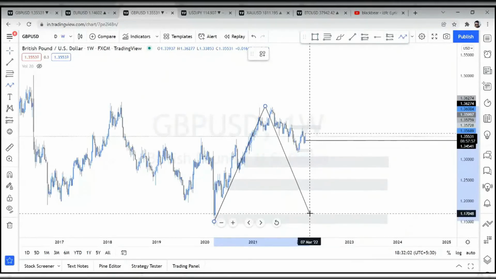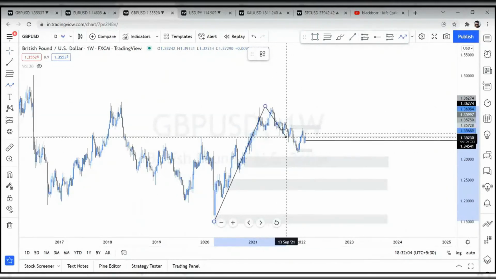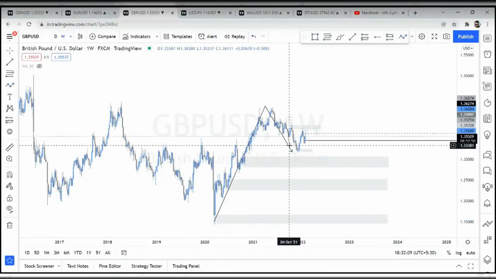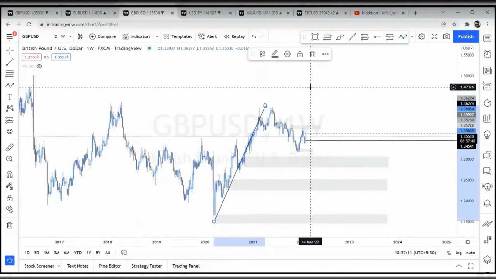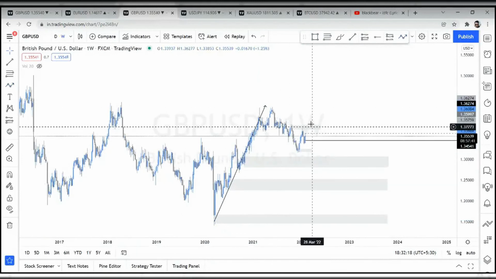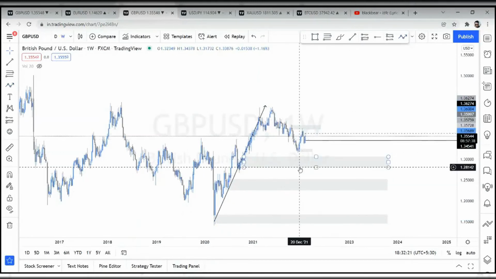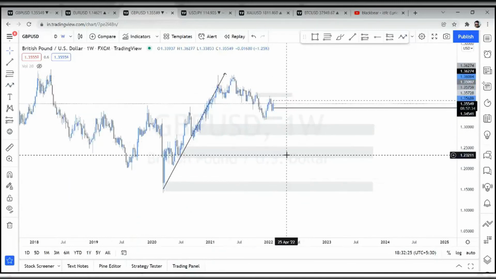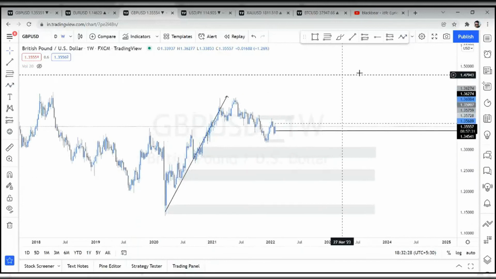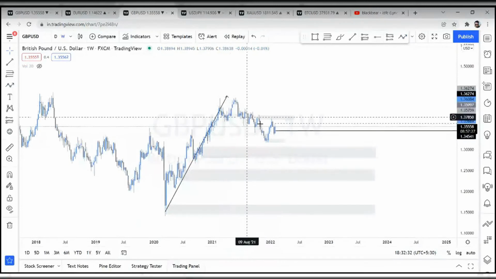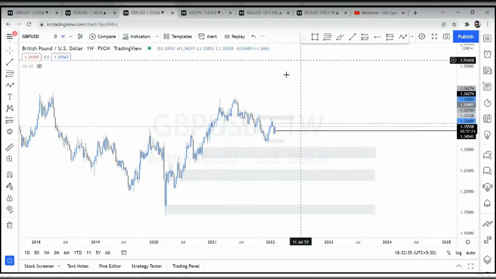So this move that is going to happen here, this pullback, is going to happen whether there is NFP or there is Corona, whatever the case. This is bound to happen and it will happen. Maybe NFP gives us an interest rate decision, or a war gives us that opportunity to move down, or again a severe virus, whatever it is, those will be used as a catalyst to make this move.